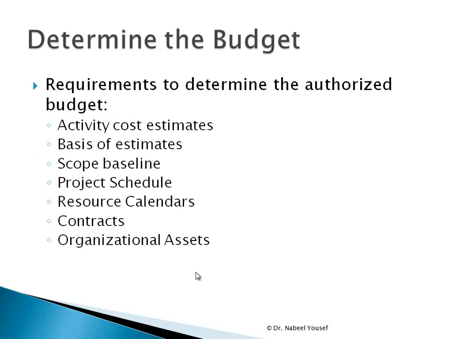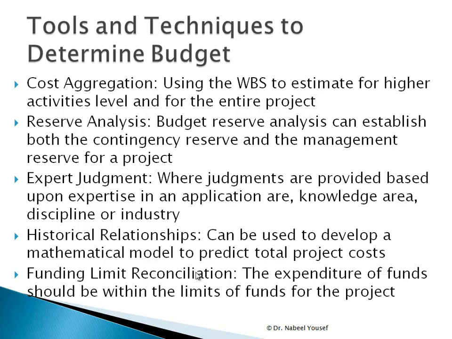The requirements to determine the authorized budget are the activity cost estimates, the basis of estimates, scope baseline, project schedule, resource calendar, contracts, and organizational assets to know what's available and how much it would cost.